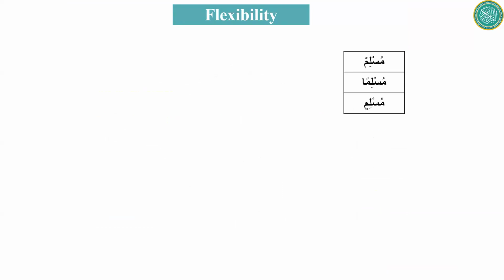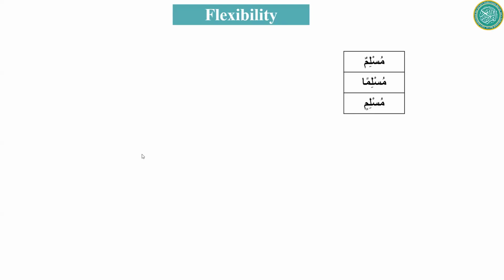Fully flexible. Why are you calling them fully flexible? Because you can see the status of each word clearly, it ends at the haraka. So there is a difference in the ending haraka, which makes it really easy to tell the status of each of these words. There is no confusion, no difficulty, no ambiguity, correct?